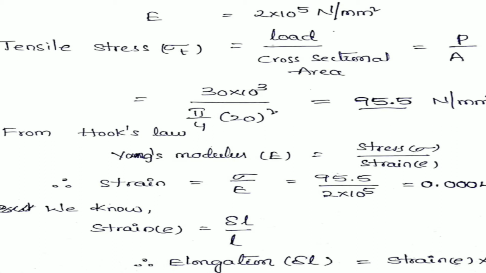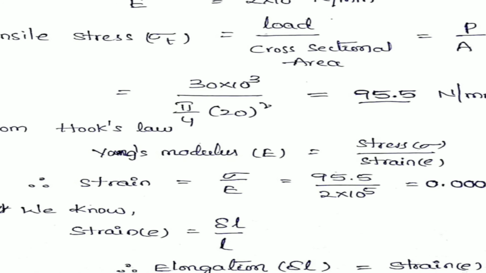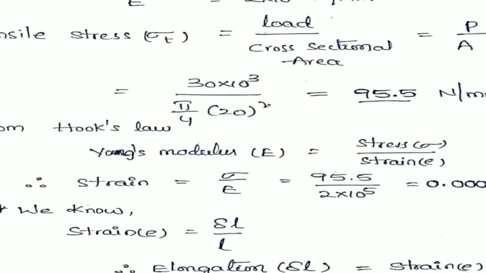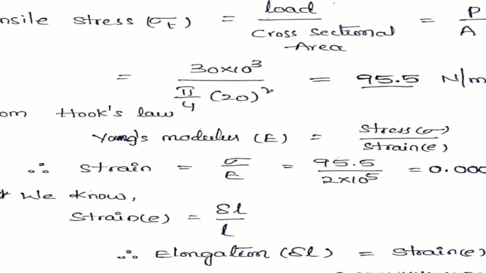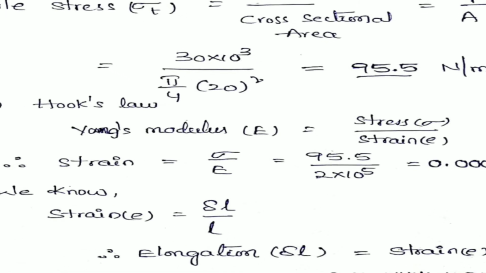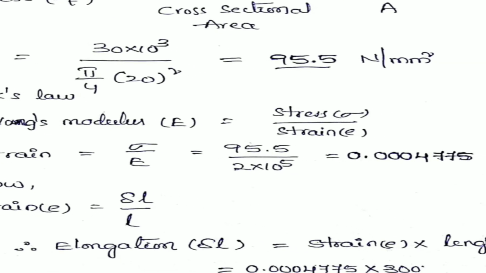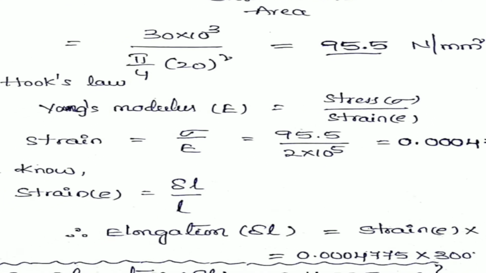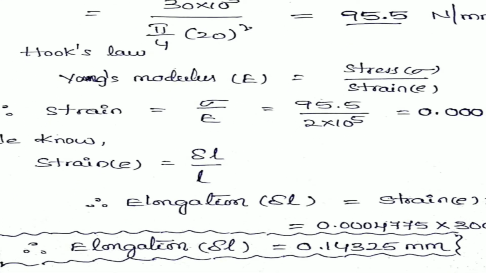Finally, strain is equal to stress by Young's modulus, that is 95.5 Newton per mm square divided by 2 into 10 to the power of 5 Newton per mm square. Finally the answer is 0.000475.